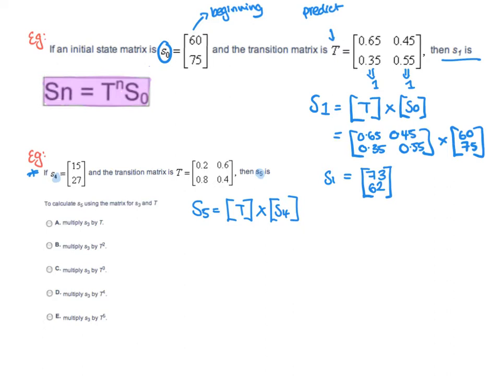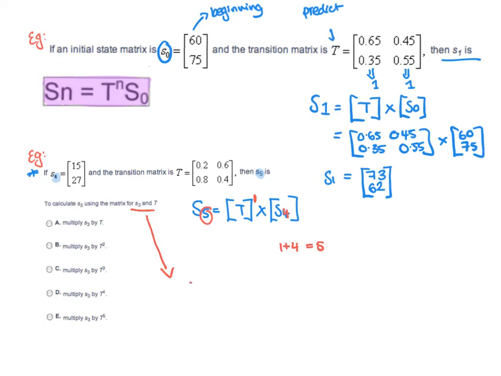When you have the transition just sitting like that, it's actually to the power of 1, and this is 4. So 1 plus 4 should give you what you want, which does, 5. So when you look down here, to calculate S5 using matrix S3 and the transition, that's what they want you to try and work out.